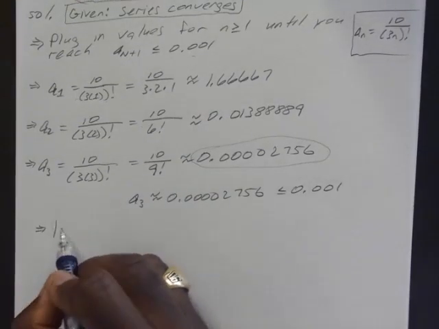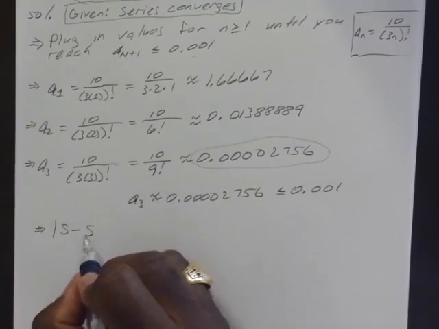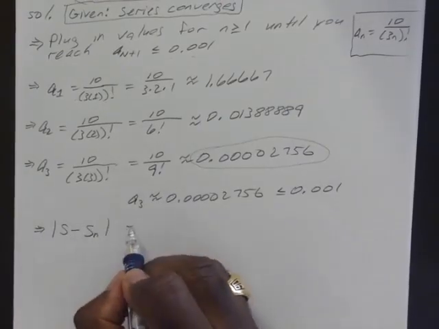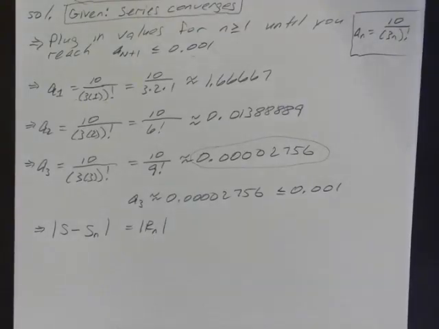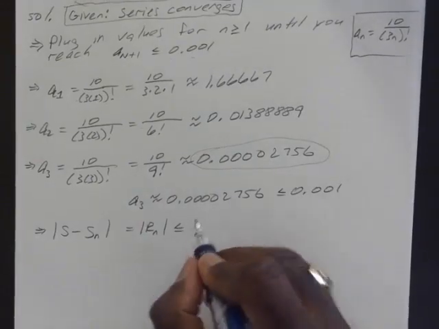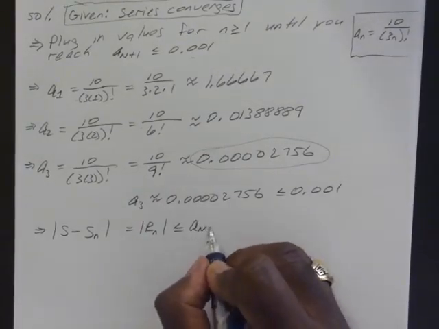Okay, so we know that the sum minus the estimate is equal to the remainder. And in this case, we want that remainder to be less than or equal to a sub n plus 1.